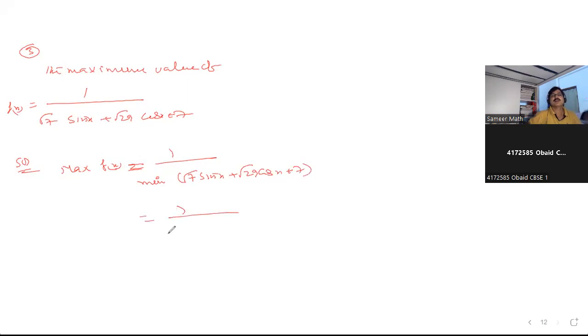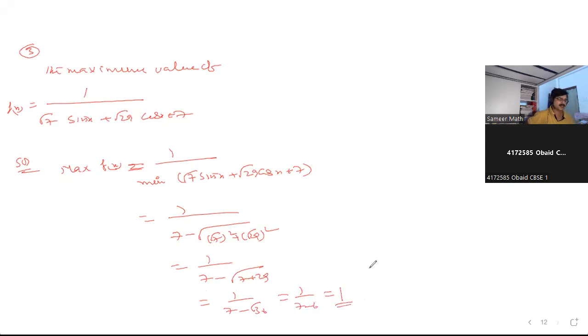So another formula: 7 minus the root of root 7 square plus root 29 square. So 1 divided by 7 minus root of 7 plus 29, 1 by 7 minus root 36. What happened here? 7 minus 6, 1. Just applying the formula. Nothing else.